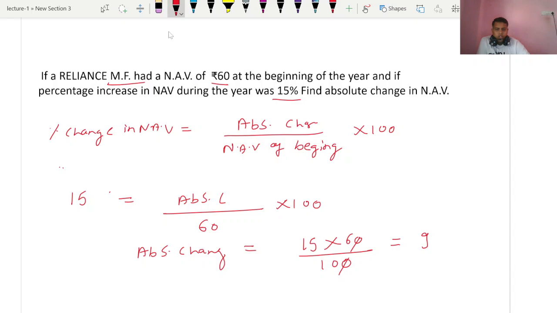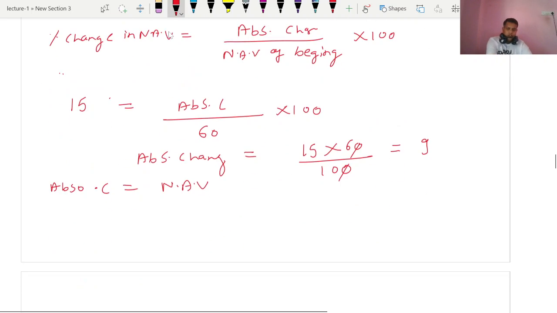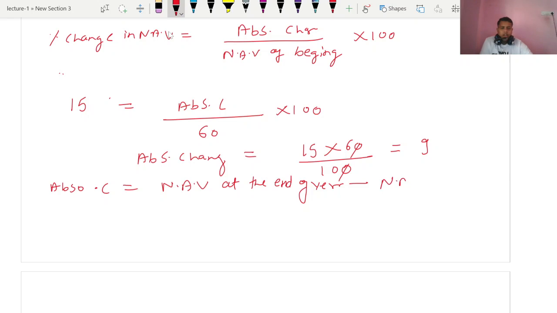Suppose you want to find out the net asset value at the end of year. So since we have the formula, absolute change is equal to net asset value at the end of year minus net asset value at the beginning.